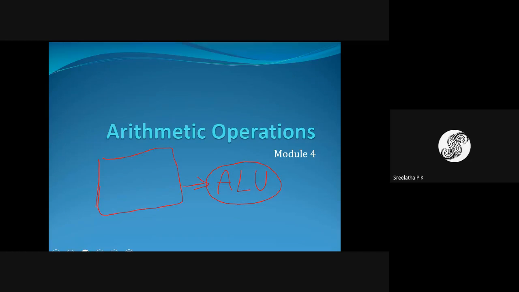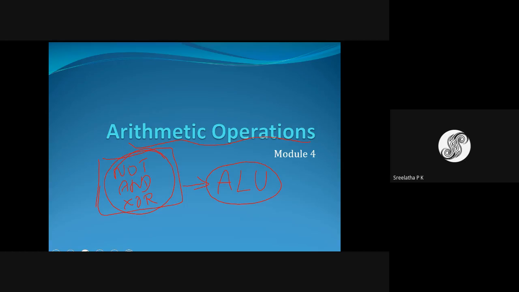It contains many circuits, that is all the logic gates, using NOT, AND, OR and all these gates. This logical circuit is built so that these operations, that is arithmetic operations, can be performed.